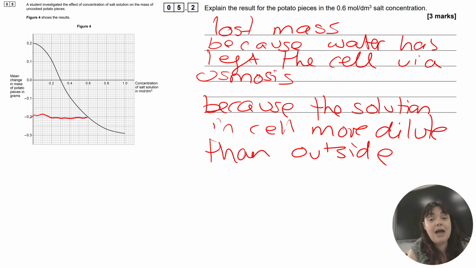If you said from a high water concentration to a low water concentration, that is fine. So if you have said lost mass because water has left the cell via osmosis because water moves from an area of high water concentration to an area of low water concentration, that is fine. Or you have said it is moved from a dilute solution to a concentrated solution, that is also fine.